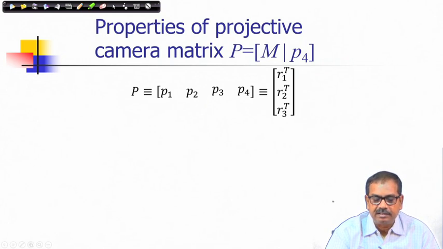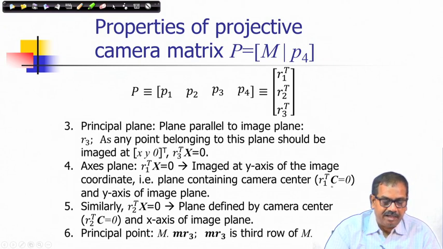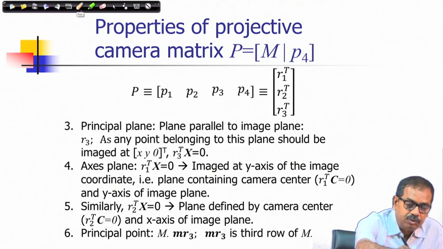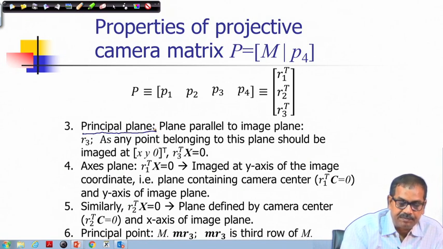Once again, we will be considering the representation of the projection matrix in this form, and here I have shown those relationships. So, one of the facts shown here is first how we can compute the principal plane.